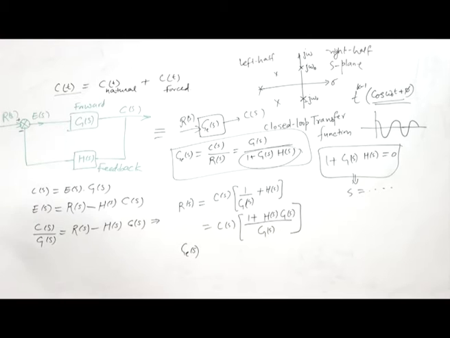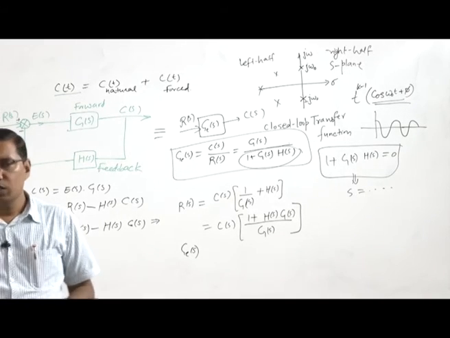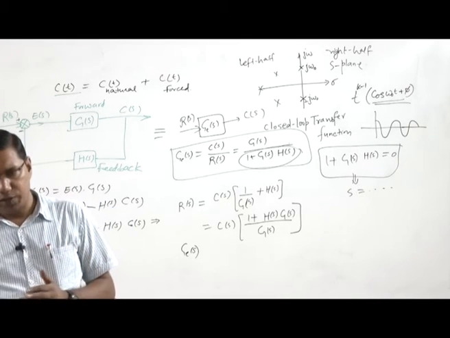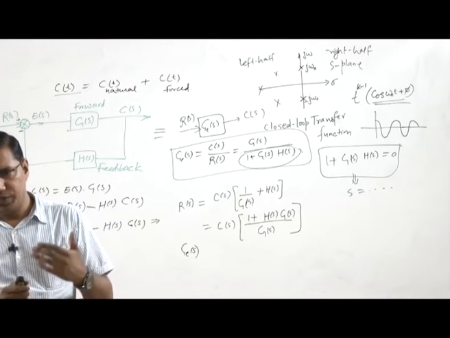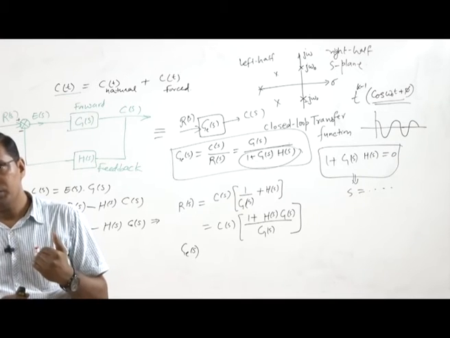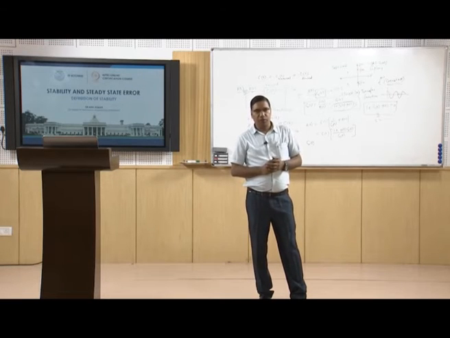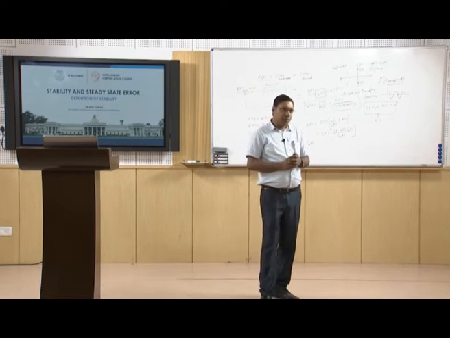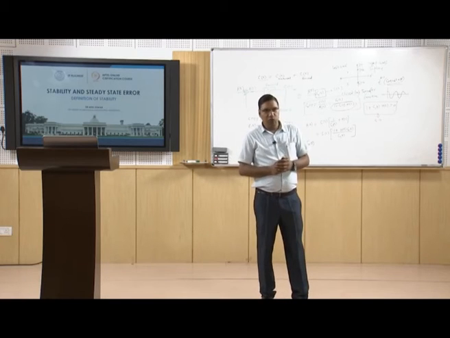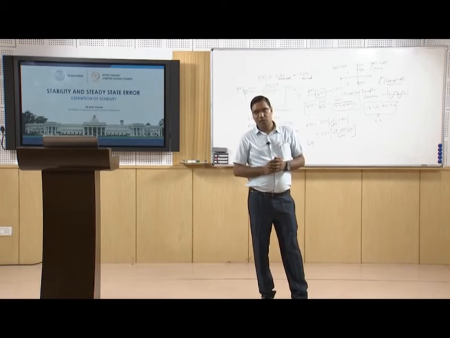So we can see that we can define stability in three ways. One is the natural response, second is the total response, and third is the location of poles. With the natural response, if it grows with time, then the system is unstable.